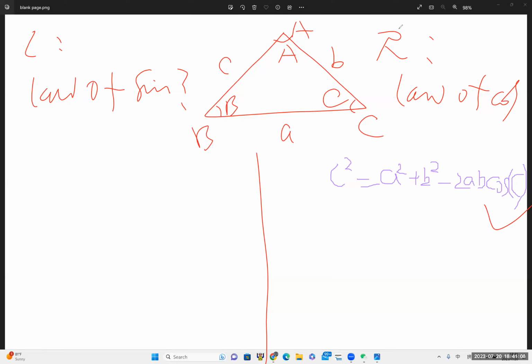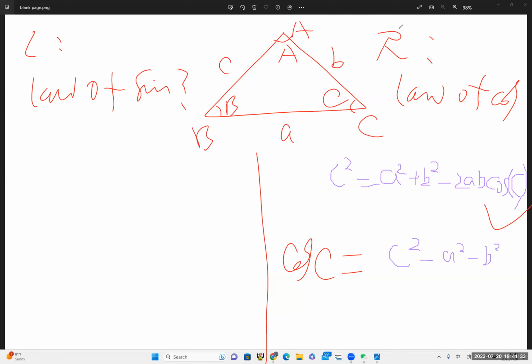Then can you rewrite it as cosine C equal to what? Cosine C equals to, wait a second. So Neil, you cannot write it, right?